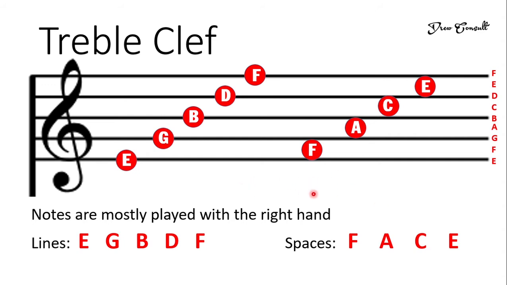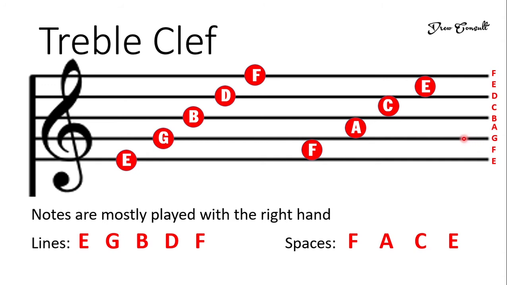If you observe closely, you see that it's in the same musical alphabetical order, because the first line here is an E. The space here is an F. From F, where do we go to? We go to a G. That is the next line.